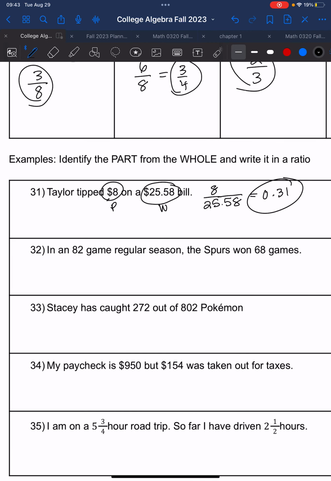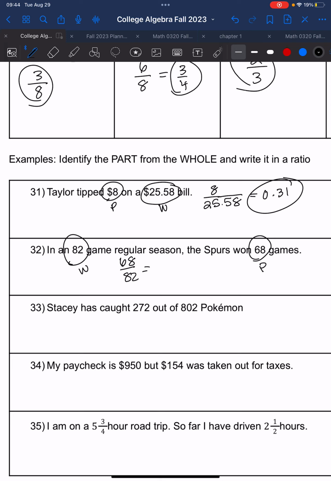Same thing with 32. It says in an 82-game regular season, the Spurs won 68 games. So 82 games in a season is the whole, because it's the total amount. And 68 games won is the part. So this would be 68 over 82.